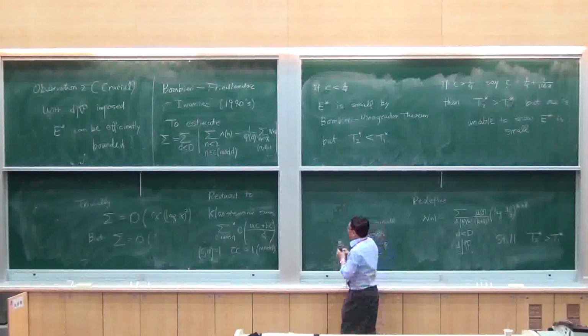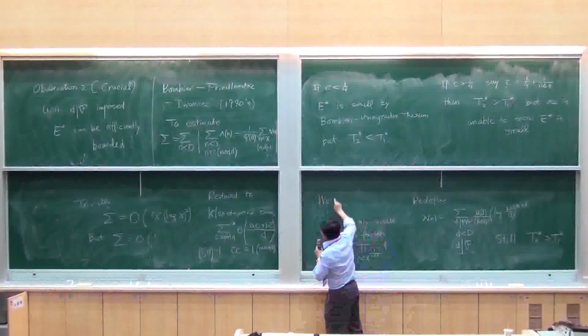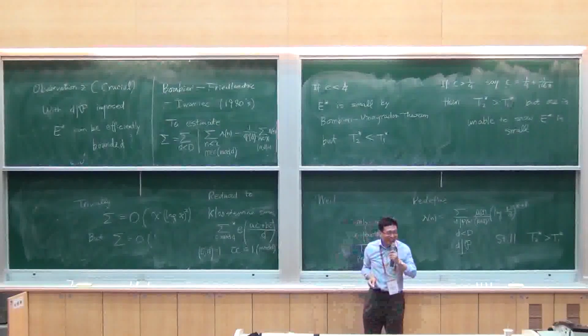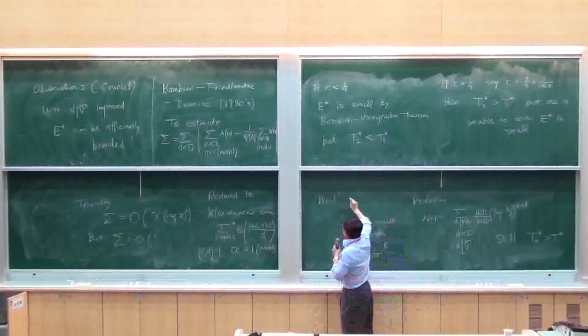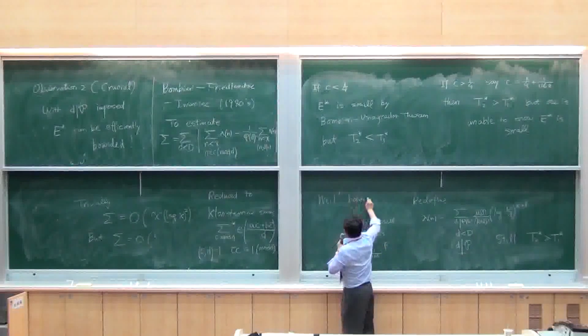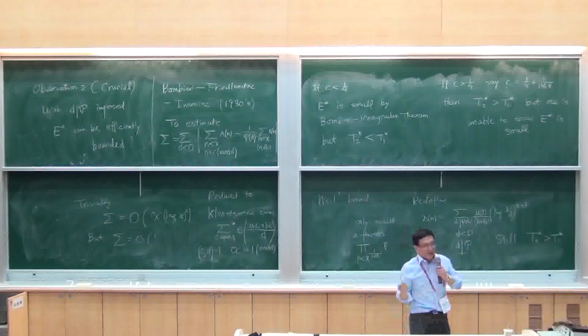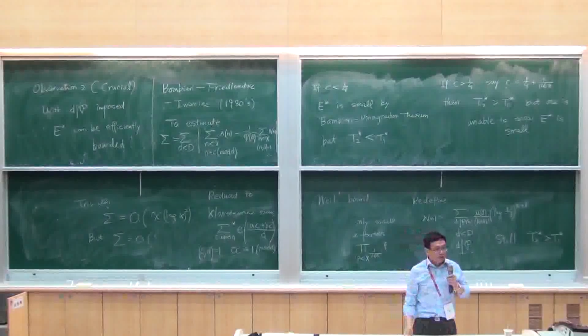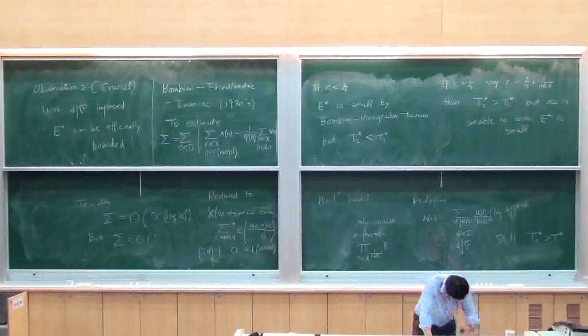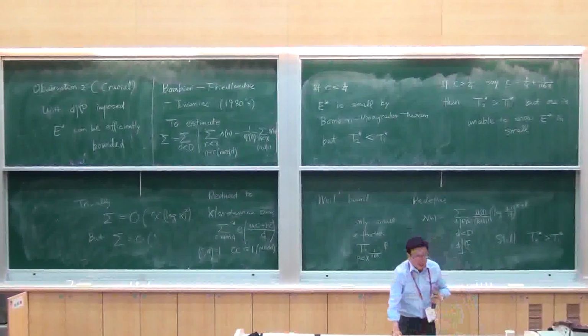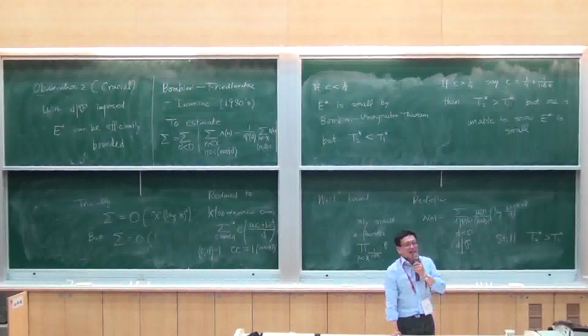It helps us to save essentially a square root from the trivial estimate. And the last one I just mention, the deepest result used in the proof.